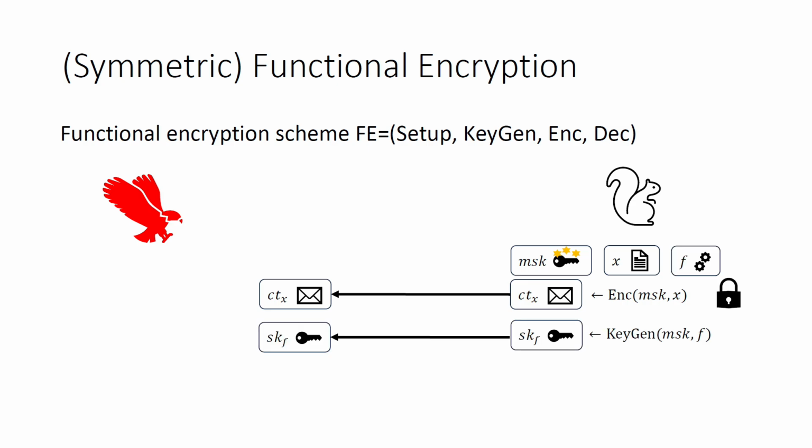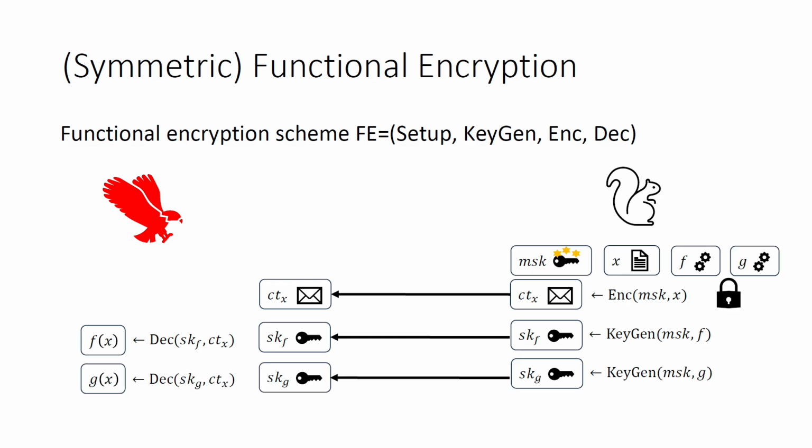It can also use the master secret key and a function to derive a special secret key for this function f, and send it to the eagle. The eagle can now take the secret key and the ciphertext, and with the decryption algorithm, derive the function evaluation of f on the message point.